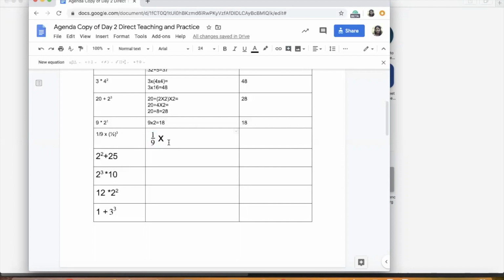So Command C if you have a Mac, Control C if you have a Dell. And I'm going to hit Command V, which means paste. I could also just go up and hit new equation and find math operations again, but I like to do this method. So now that I did that, I'm going to hit the left arrow.